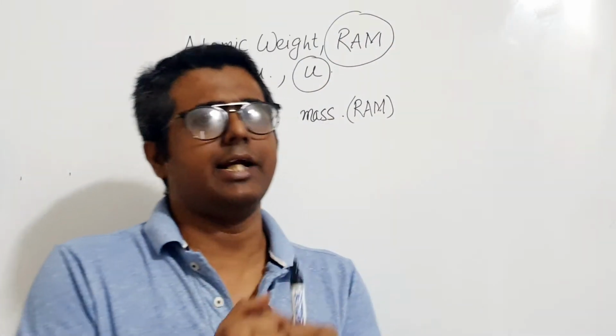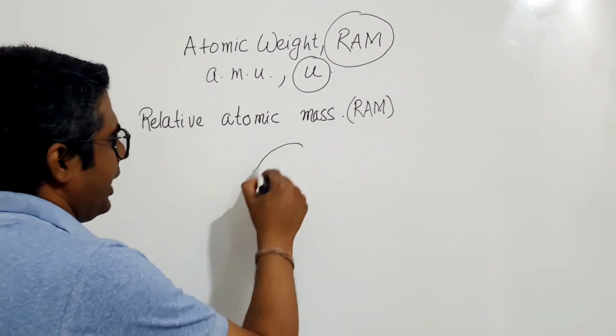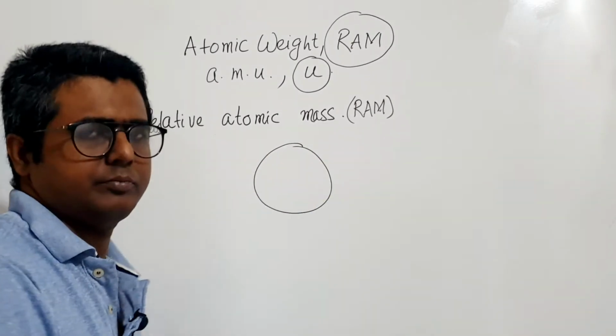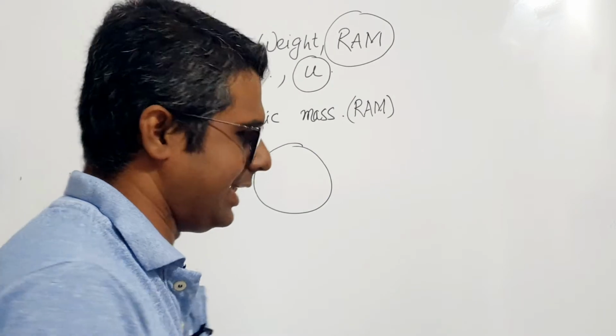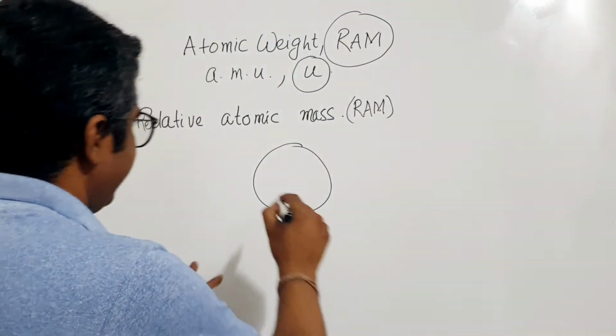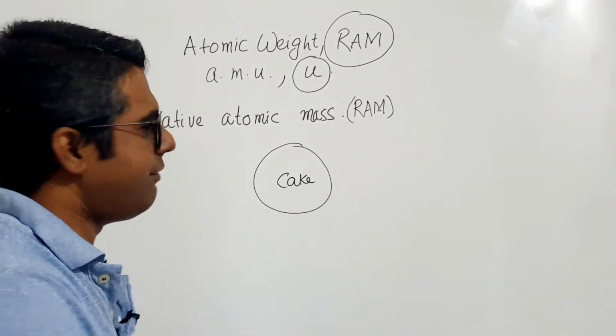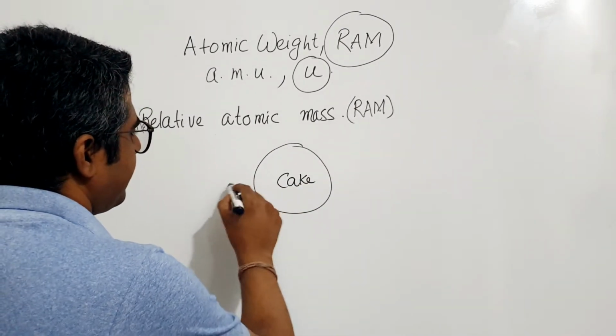So, what they did is they made it relative, that is, a ratio. How did they do it? You take a cake. Divide it into 4 equal parts.